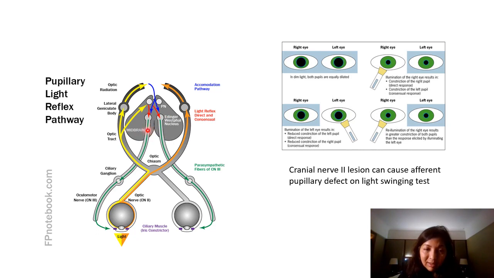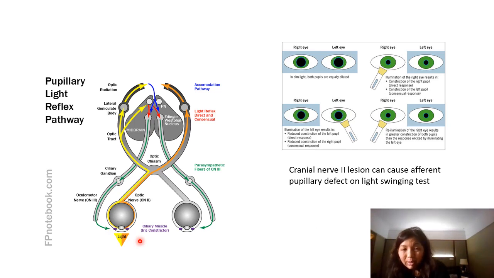And what you can see here is that the information from one eye will actually innervate both Edinger-Westphal nuclei. And from the Edinger-Westphal nuclei, you will have fibers that go via the parasympathetic fibers of cranial nerve 3 to innervate the pupil. So if there is a lot of light and the pupil wants to constrict, it will use this pathway and constrict the pupil.